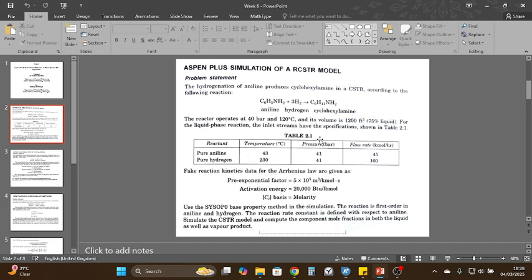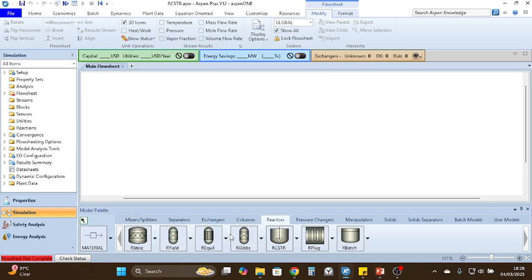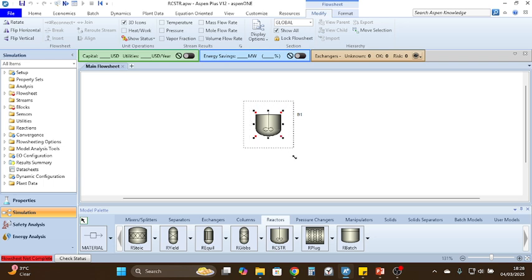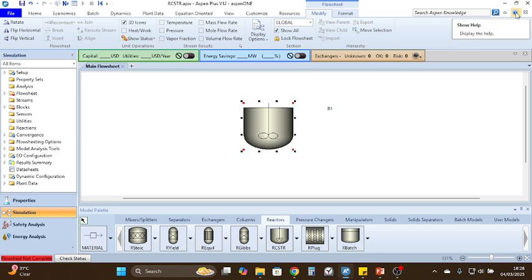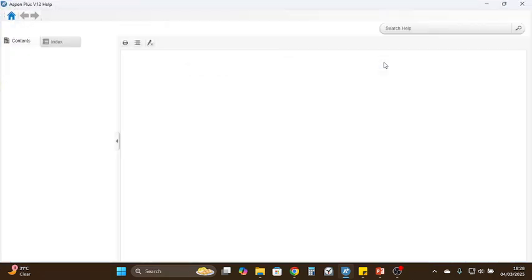In the simulation environment, it is said that we have to perform the simulation in an RCSTR model. So coming to the reactors, over here, CSTR, we are selecting it. Using the CSTR model, let us try to understand how the CSTR input sheet works.